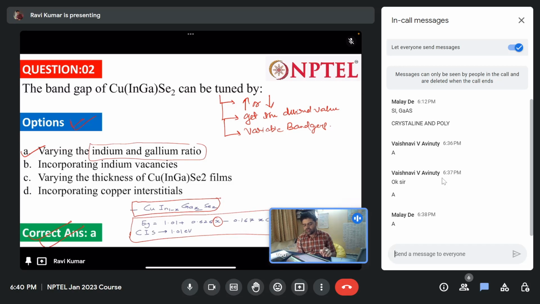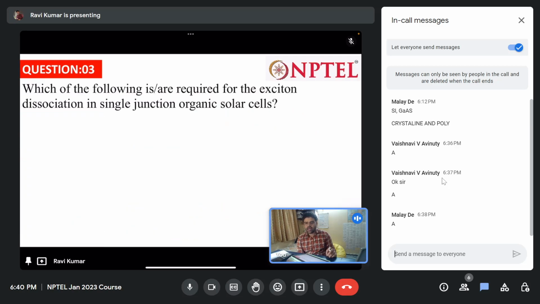Next we have, which of the following is or are required for the exciton dissociation in a single junction organic solar cell? If you understood this word, then it doesn't matter whether it is organic or anything else, you can do it.